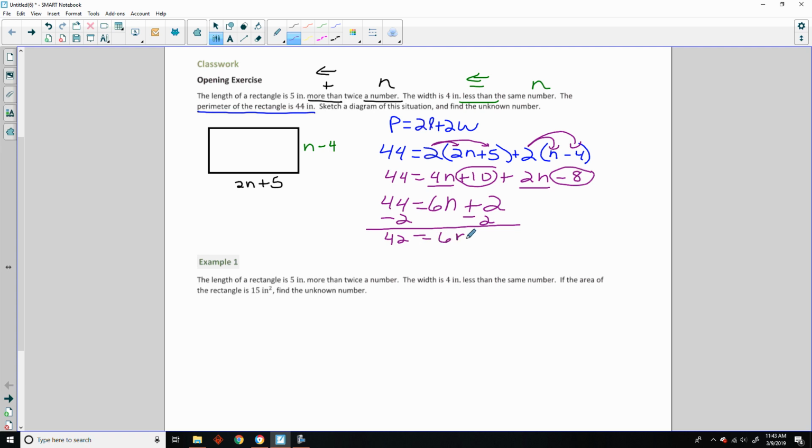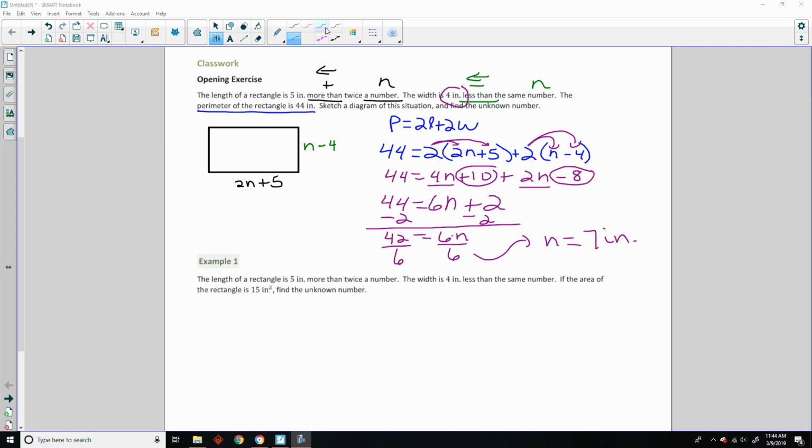Equals 6n plus 0, or just 6n. Now this is multiplication, and the inverse of multiplication is division, so we will divide both sides by 6. And n is going to equal 42 divided by 6, which is 7. And it is in inches, so it's 7 inches.